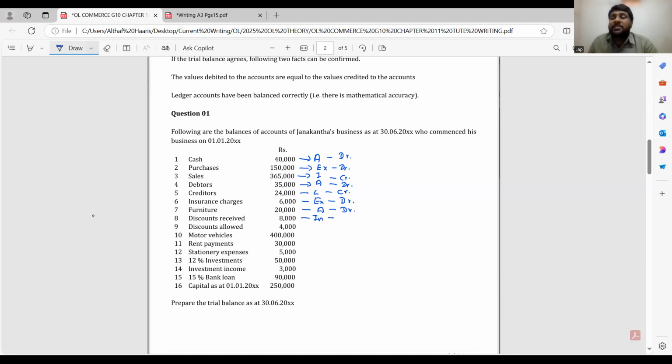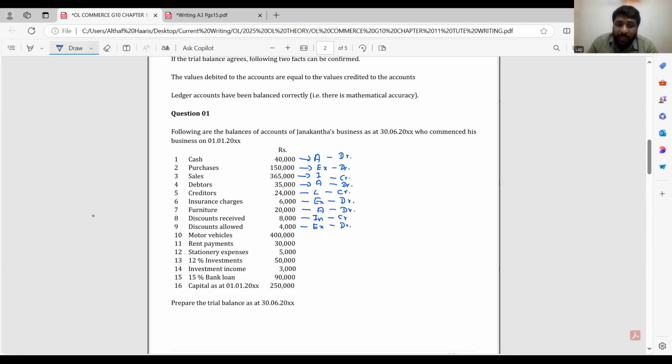Income increases on the credit side. Discount allowed. Discount given. You have given a discount. Expense, good. Expenses are debit.